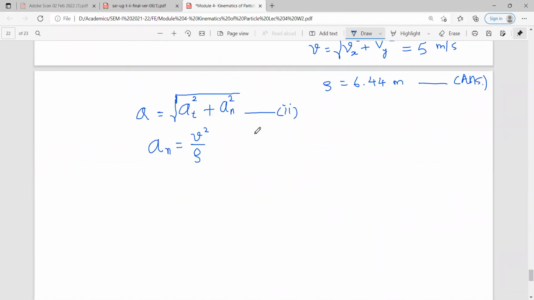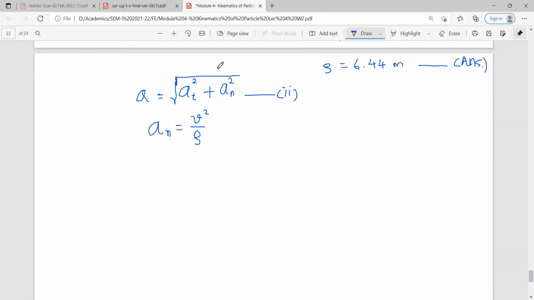So find out the normal component using this formula. What answer are you getting? 3.6. Oh yes, correct. It is 3.6. And units, if you want to give, will be meter per second square.